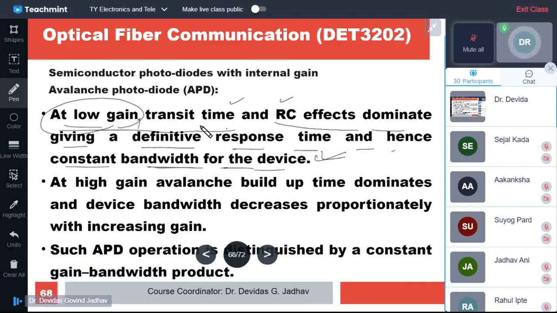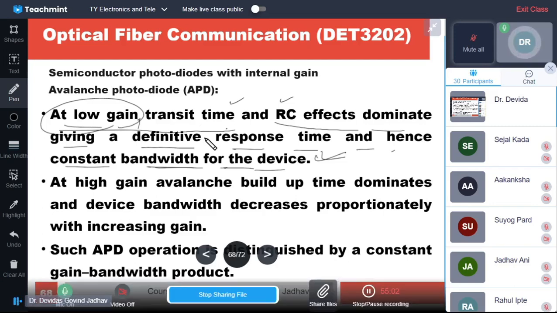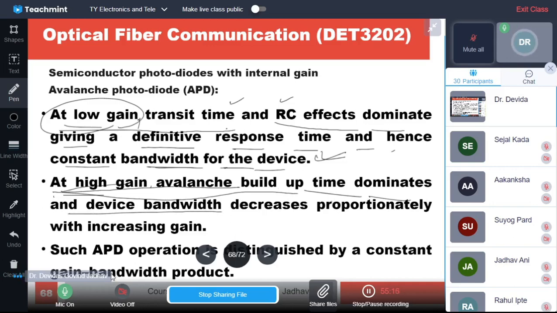But at high gain, the avalanche process takes a very long time to build up. At high gain, the avalanche build up time dominates the device bandwidth. It requires a very long time, because this is a very high gain process.